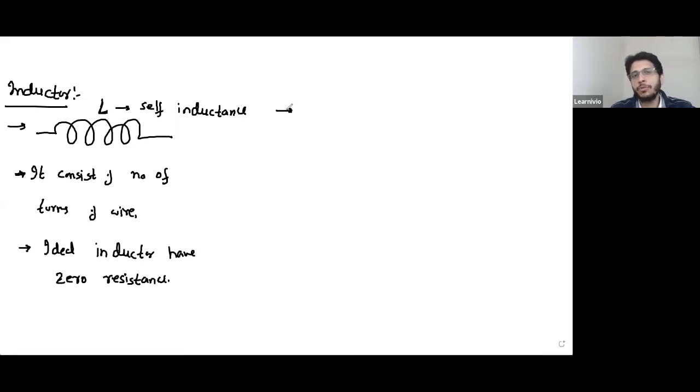Next, the principle on which an inductor acts is self-induction: whenever current through an inductor changes, then an EMF is induced in the inductor, which will try to oppose the change in current. So it works on the principle of self-induction.